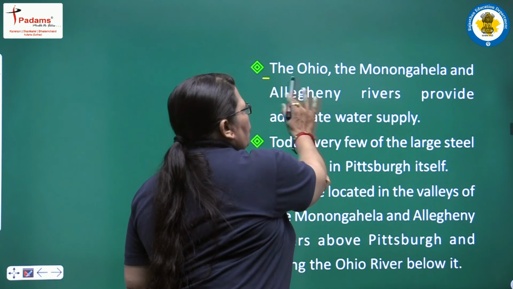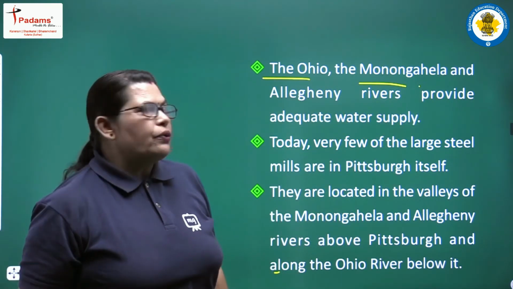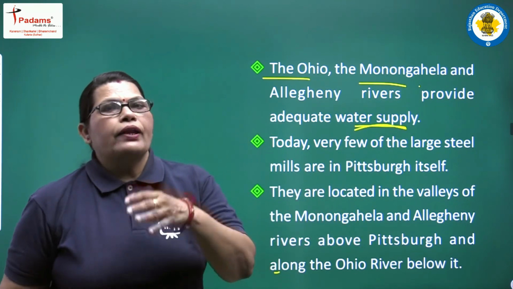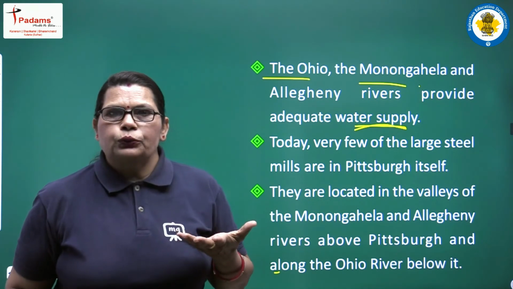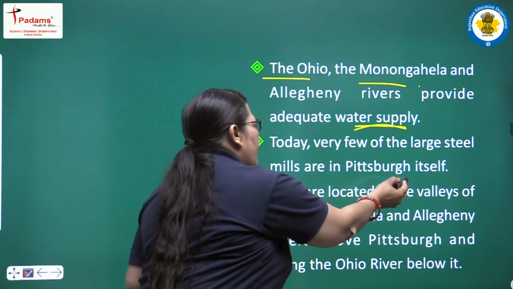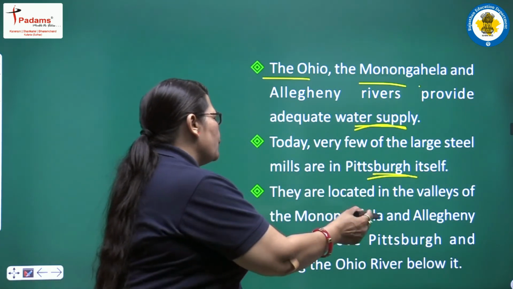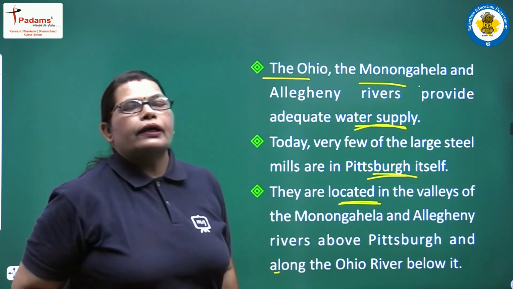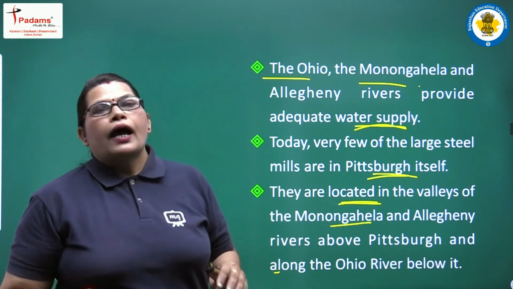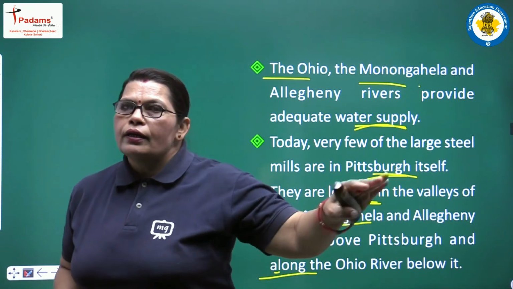The Ohio, the Monongahela and Allegheny rivers provide adequate water supply to the industries. And when we are talking about today's condition, students, very few of the large steel mills are in Pittsburgh itself. They are located in the valleys of the Monongahela and Allegheny rivers above Pittsburgh and along the Ohio River below it.